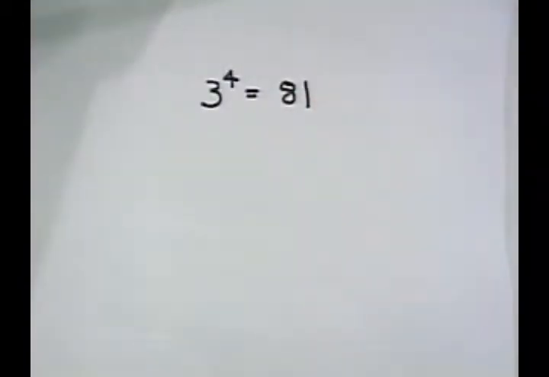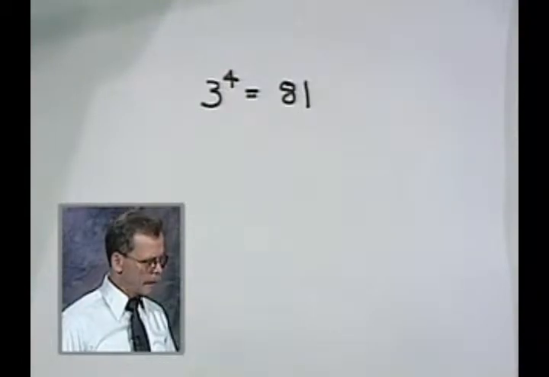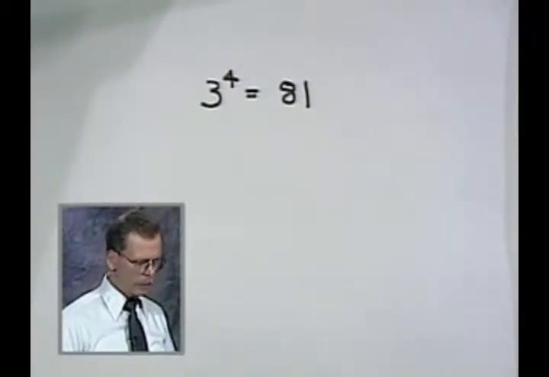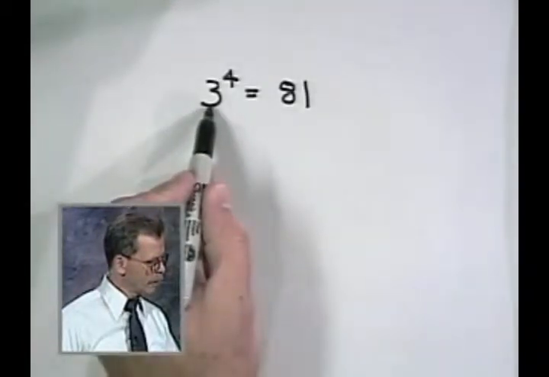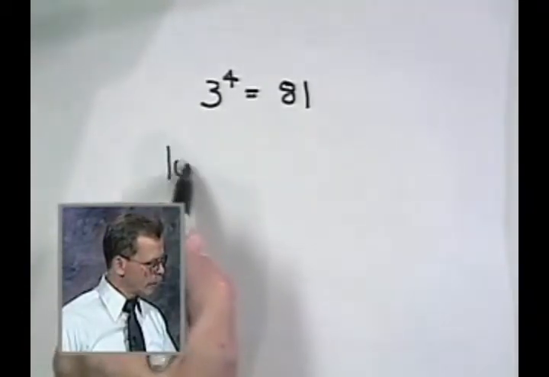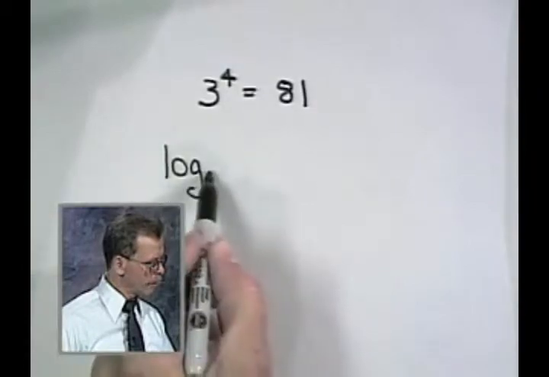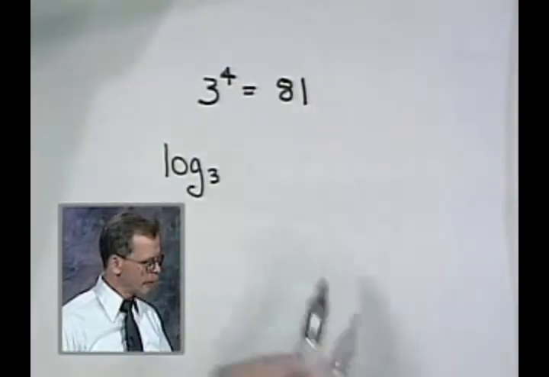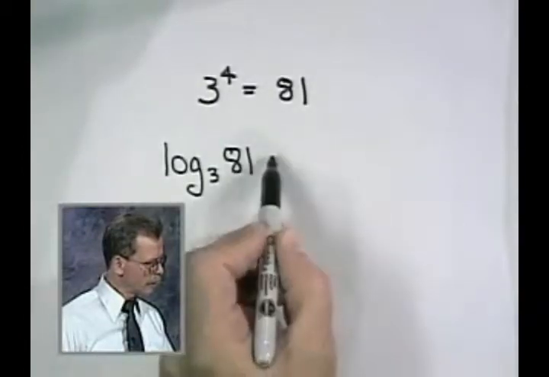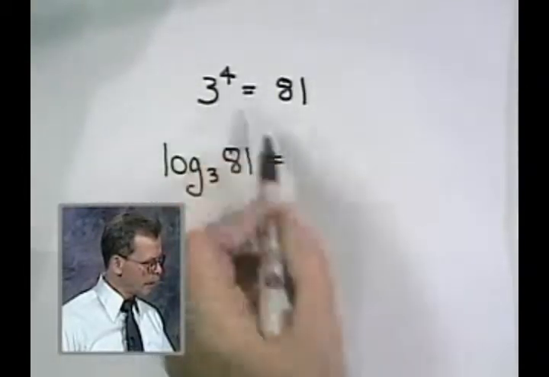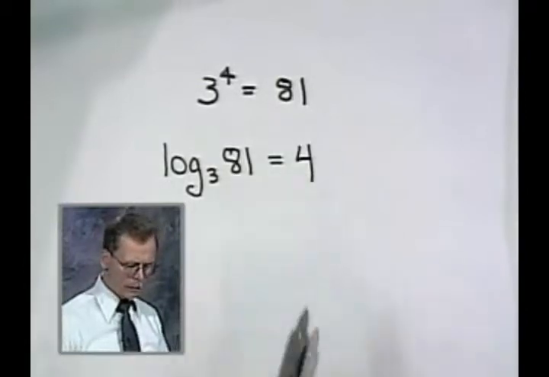Here's 3 to the 4th power equals 81. If we're going to put this into logarithmic form, we know that the base is still going to be called the base, and so we'll write log base 3. The argument is 81, equals the exponent 4.